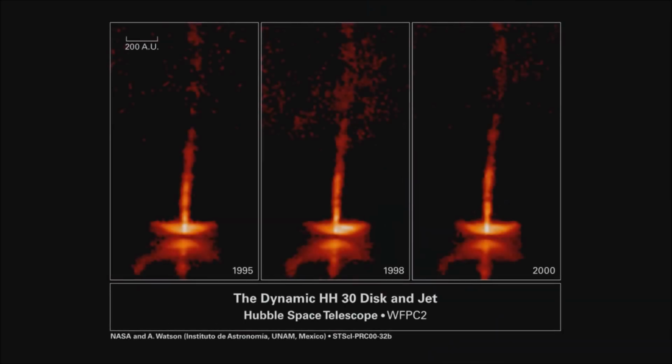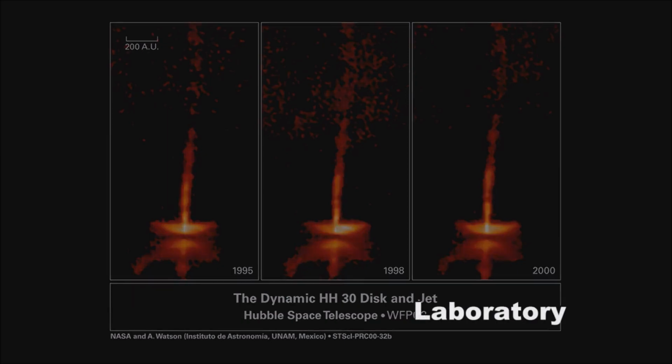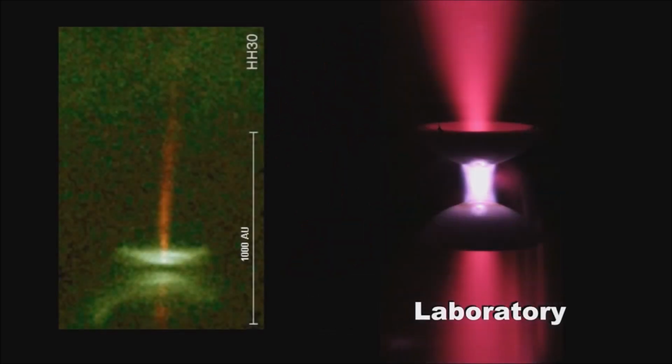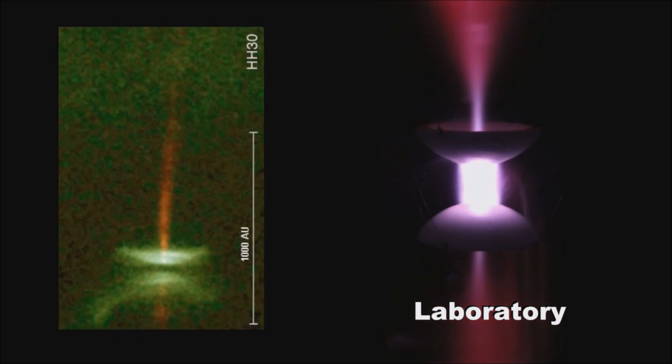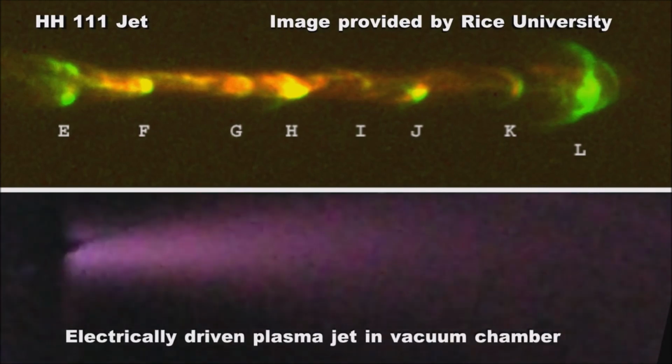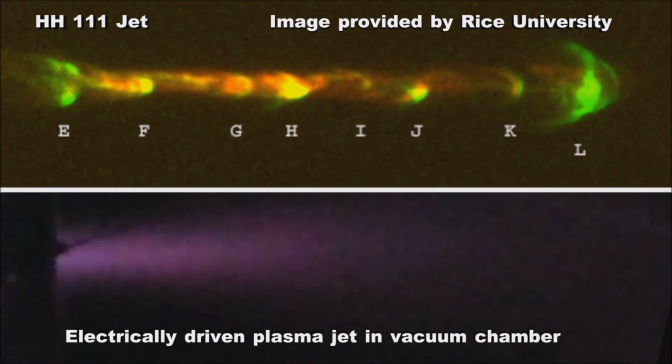HH-30 is another example of bowl-shaped magnetic fields, with the ejection jets in line with the axis of HH-30. The externally electrically driven plasma jet, as shown in the lower image, is very steady and it fades gradually, whereas the jet of HH-111 has dramatic pulse formations and a sudden cutoff at the tip.